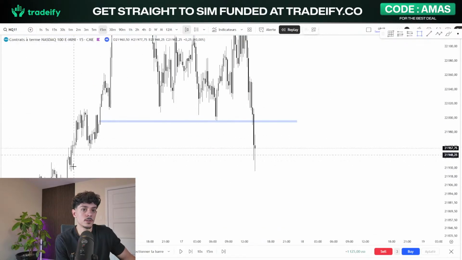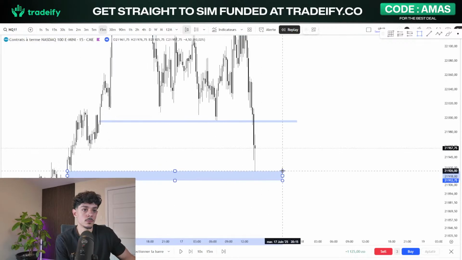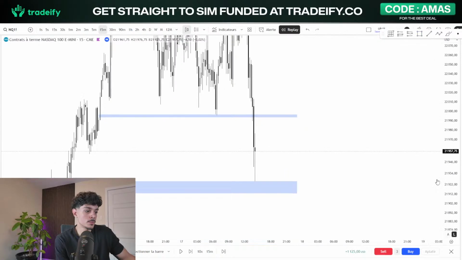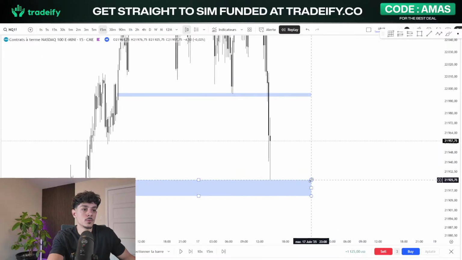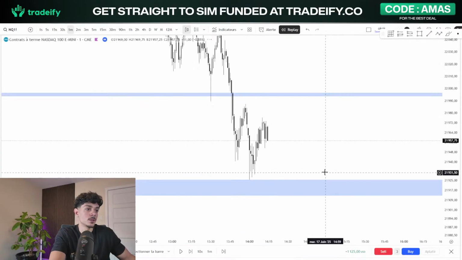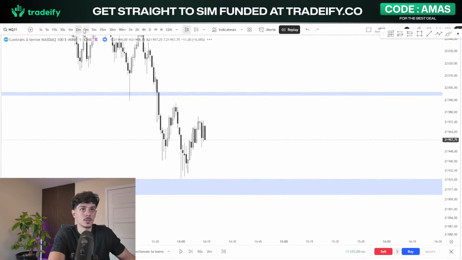So right here, this is where I would look for a potential long opportunity. We swept the lows here back into that 15-minute gap. Right here, you would go to the 1, 2, 3 minute chart.